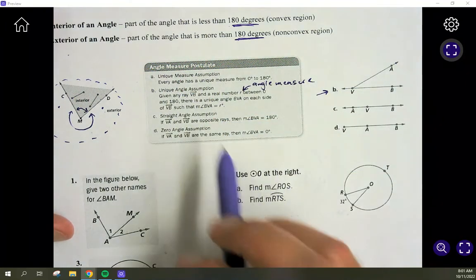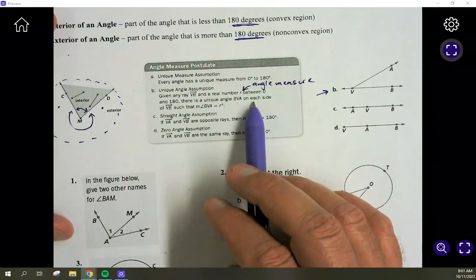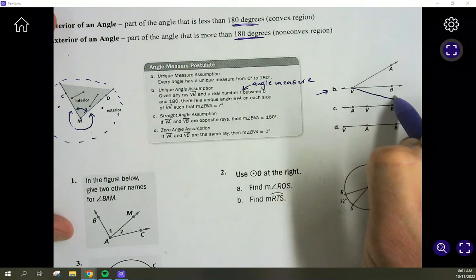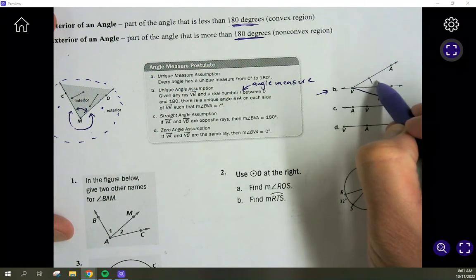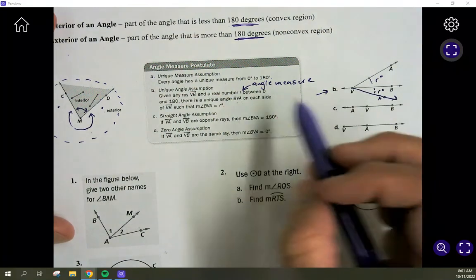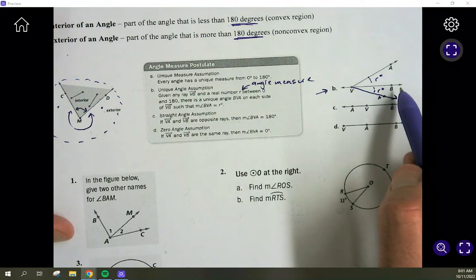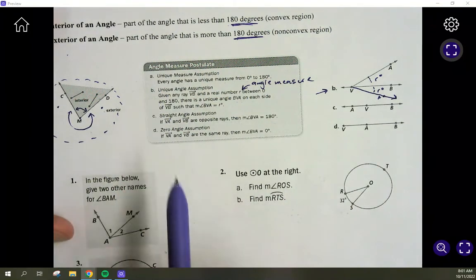The unique angle assumption says that that unique angle, VA, can be made on each side. So I could make it here or here. This is your R degrees. I could also make it on this side. So the unique angle assumption is saying I have this ray. If I'm going to create an angle using that ray, I can do it on either side of that ray. That's how you break that down.